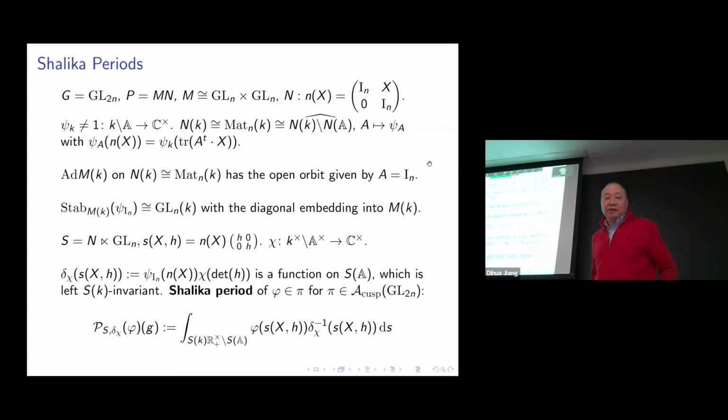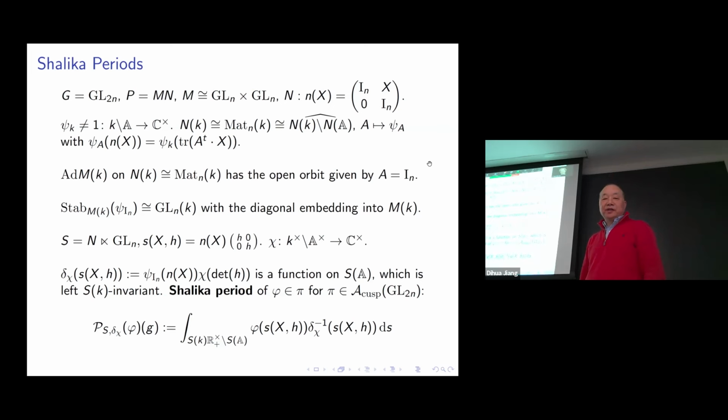The stabilizer is the diagonal embedding of GLN. So you take this semi-direct product of the unipotent radical and the stabilizer. The element is written n(X) h diagonal. So you define a one-dimensional representation or function like this, which is left S(A)-equivariant and left S(K)-invariant.